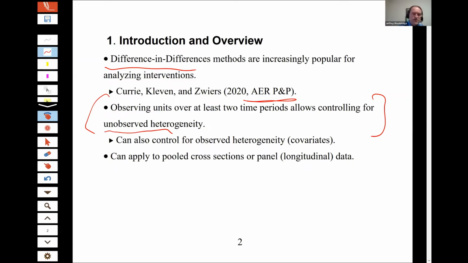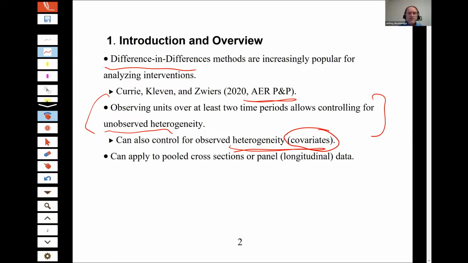We think of it as controlling for unobserved heterogeneity, which are factors about individuals or firms or counties or whatever that don't change over time. And then in many cases, we want to explicitly control for what I'll call observed heterogeneity, which we can call covariates or conditioning variables or whatever your favorite name is.